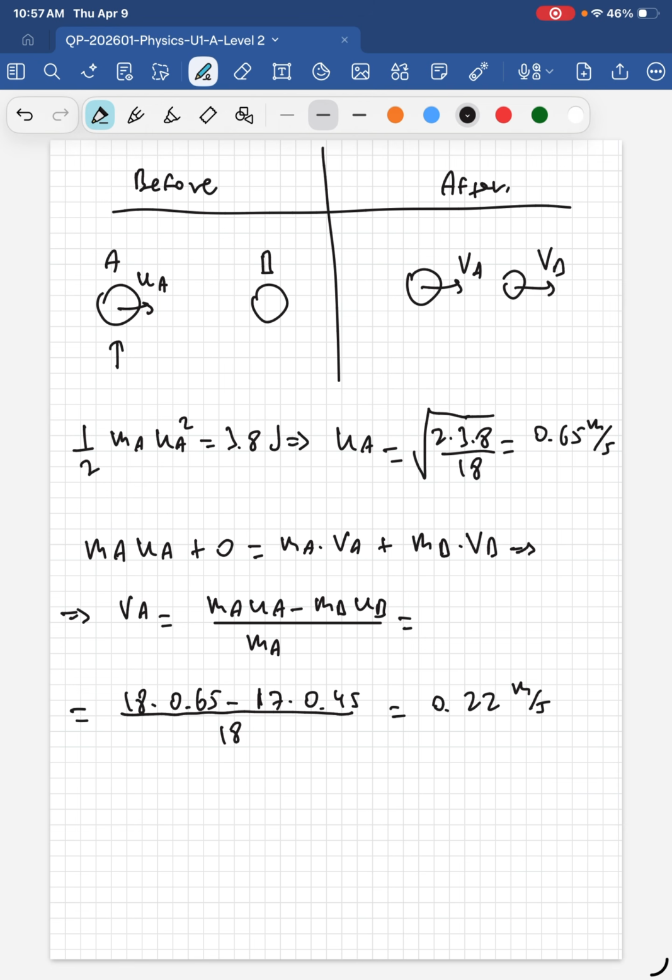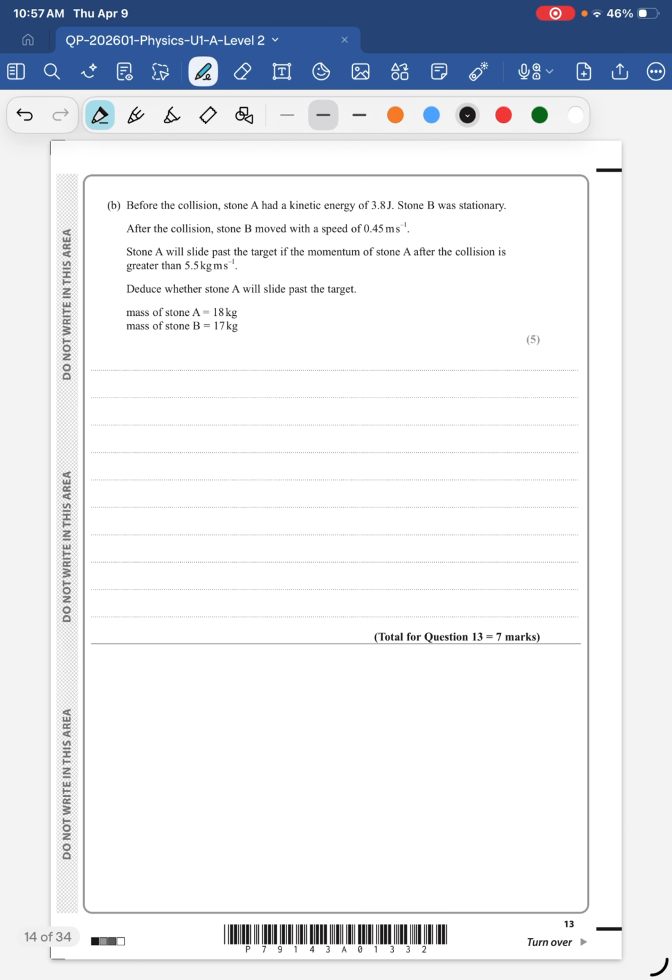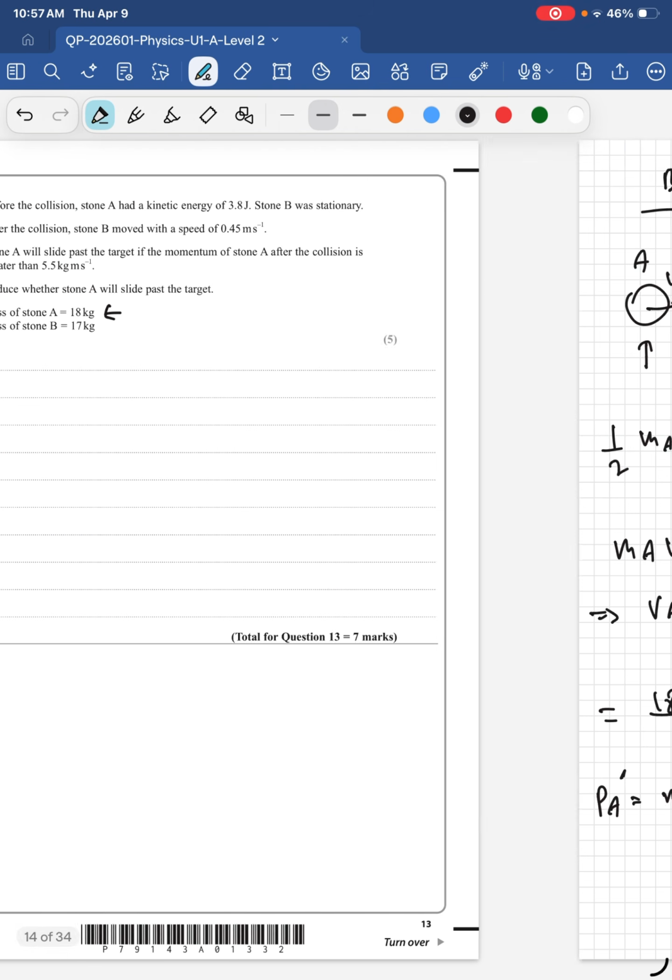And now we can find the momentum after. The momentum of stone A, PA prime, is mA vA, and they give us the mass of stone A as 18 kilograms.